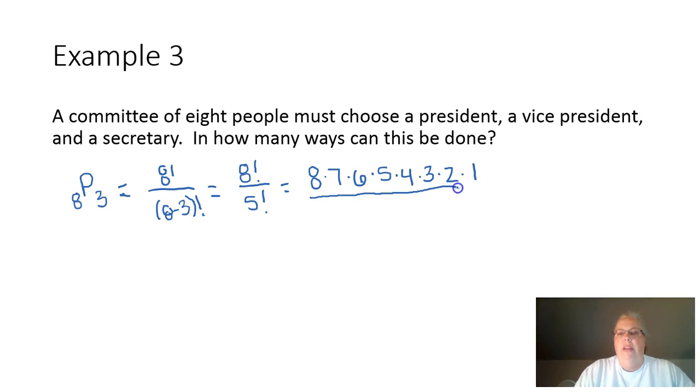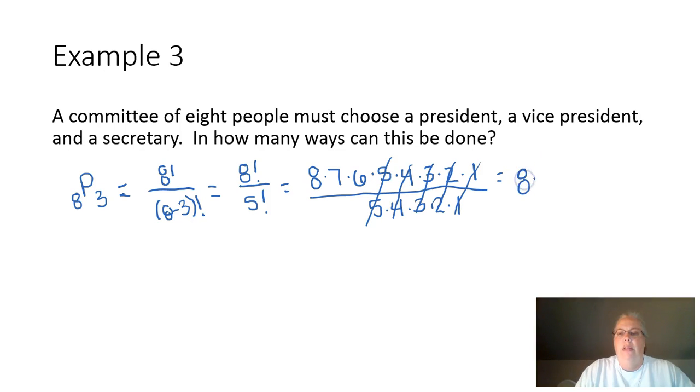And then 5 factorial is going to be 5 times 4 times 3 times 2 times 1. And then we'll cancel what we can. We can cancel the 5s, the 4s, the 3s, the 2s, and the 1s. So what we're actually left with is going to be 8 times 7 times 6.